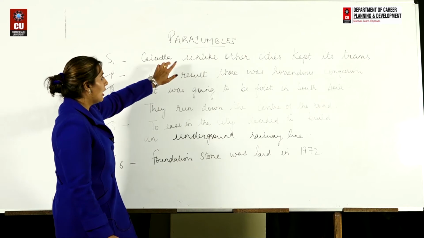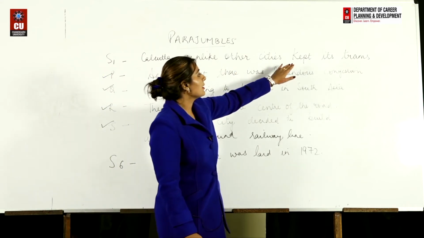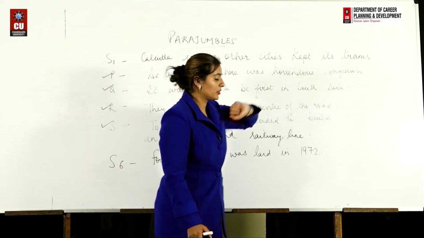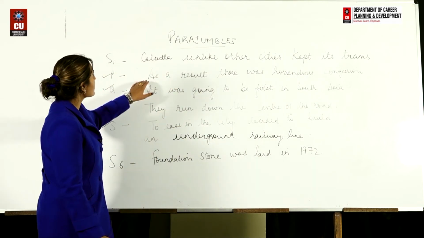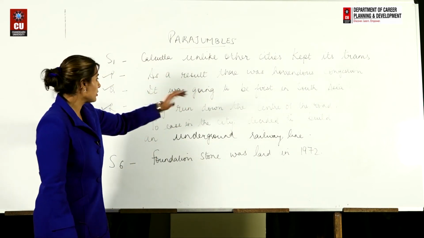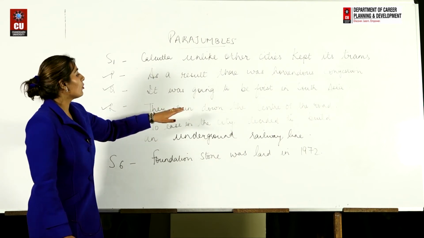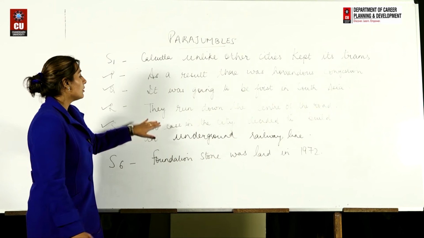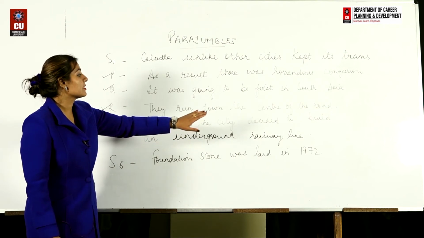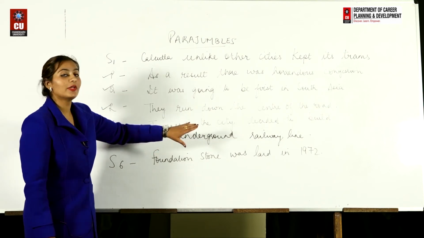Calcutta, unlike other cities, kept its trams. Look at other sentences. As a result, there was horrendous congestion. It was going to be first in South Asia. They run down the center of the road. To ease the city, decided to build an underground railway line.